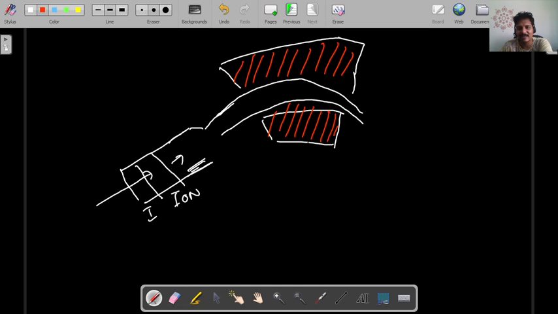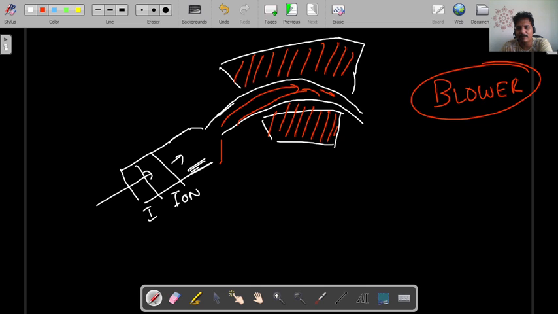Because of this magnet, your ions will take a curved path. You remember the blower in our last example? The blower purpose is served by this magnet. We'll see step by step what happens.